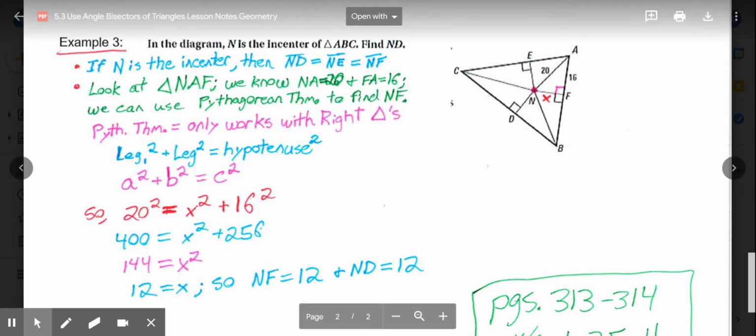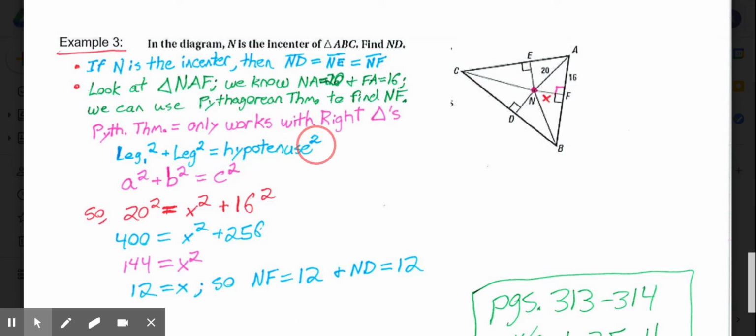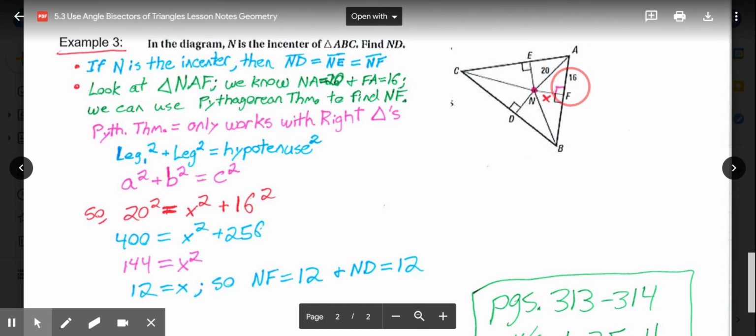Now, what the Pythagorean theorem says is that one of the legs squared plus the other leg squared always equals the hypotenuse squared. So the hypotenuse of triangle NAF is the side opposite the 90-degree angle, or side NA. So NA is on its own, the hypotenuse. That would be 20 squared.